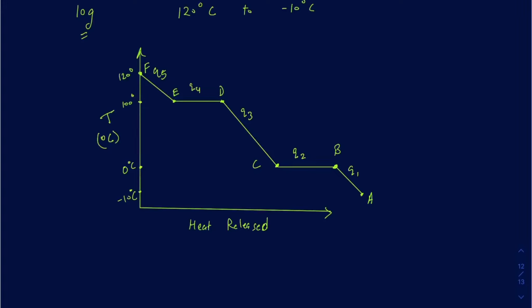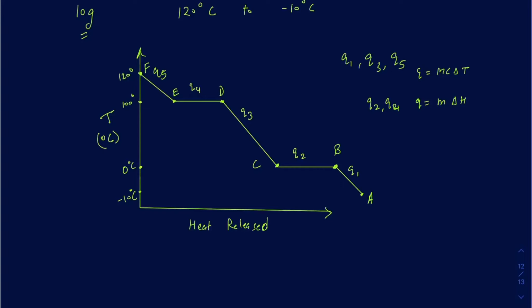Now, to calculate Q1, Q3, and Q5, you're still going to be using the MC delta T formula because you're changing the temperature there. And to calculate Q2 and Q4, you're still going to be using Q equals M times delta H. That doesn't change regardless of the type of question.